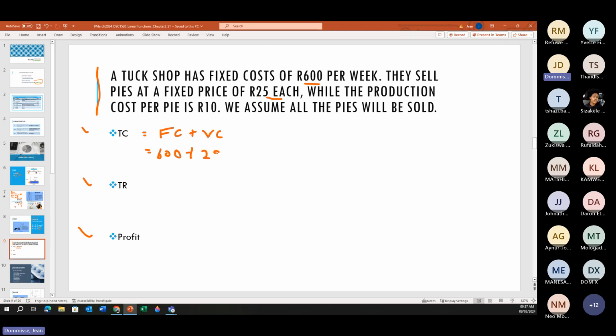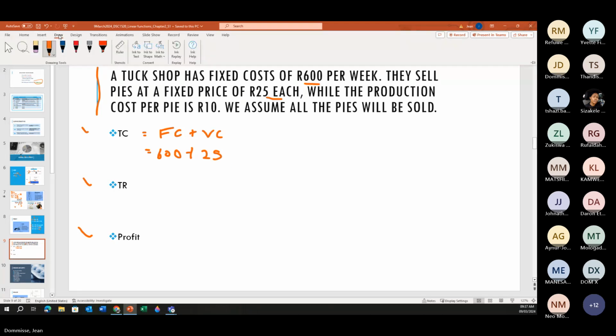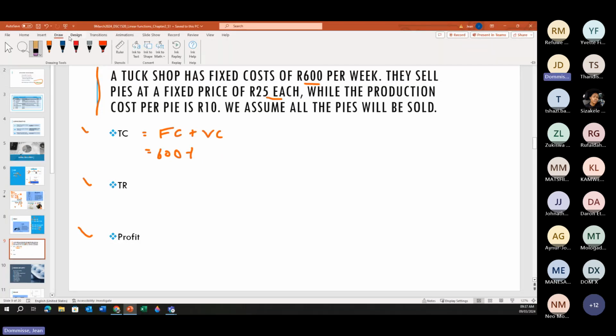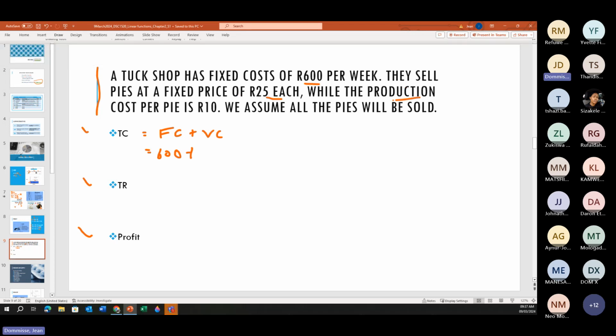Okay, so the variable cost, nope. See how quickly I could have made that mistake. They sell it at 25 Rand each, while the production cost is 10 Rand per pie. So the variable cost is 10 Rand.